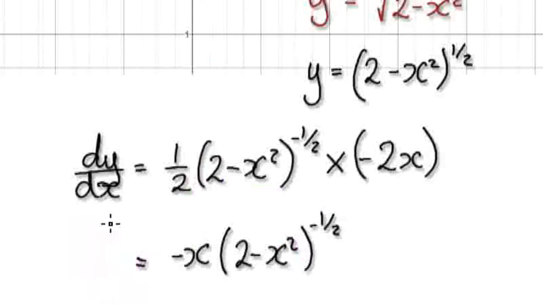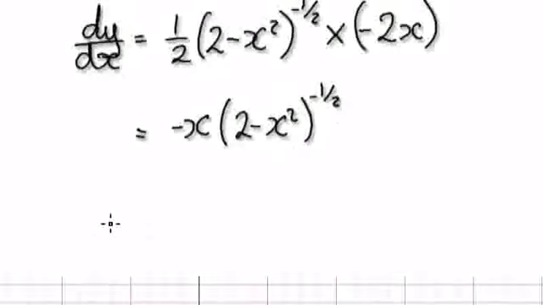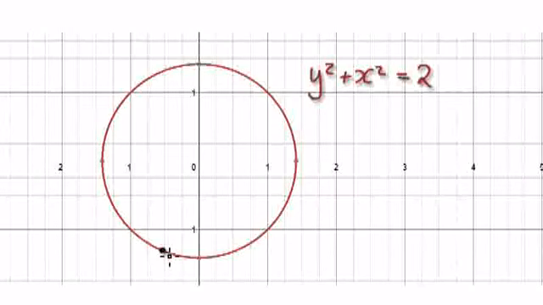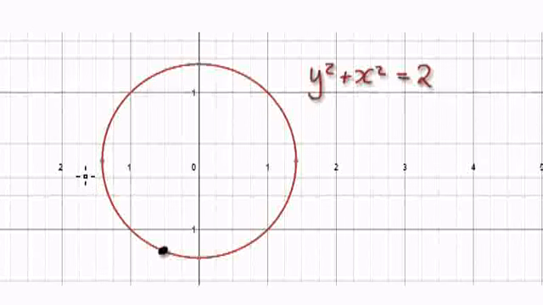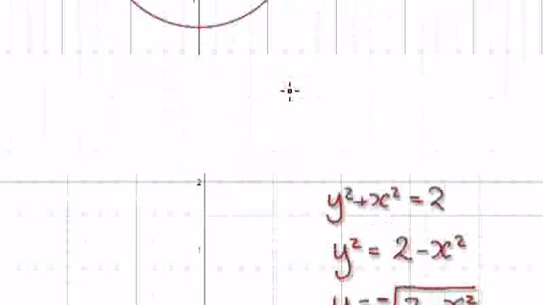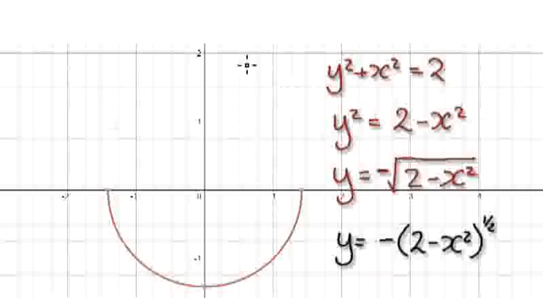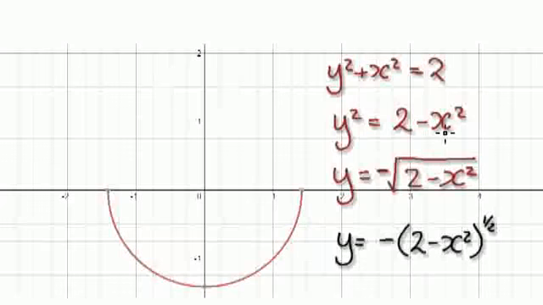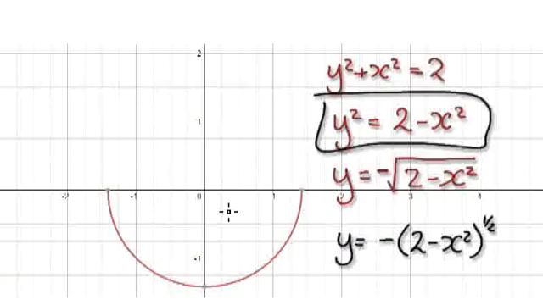Or if we started right at the beginning, and you want to find out the gradient at, let's say, here, you know you're going to need the negative version. So you would start out with your original equation, take away x squared from both sides, and then square root both sides.